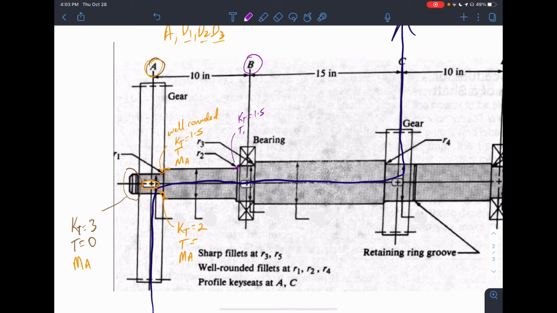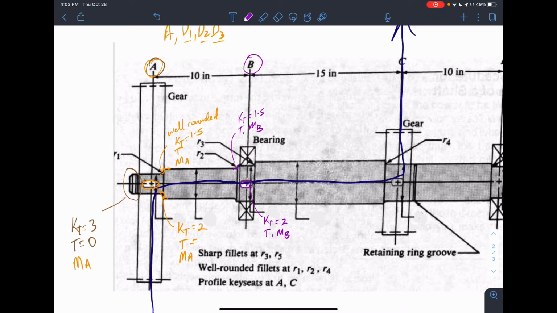Again, there's the torque, and then there's the bending moment at B. Next, there would be the keyway. The Kt for this was 2. Again, torque and bending moment at B.